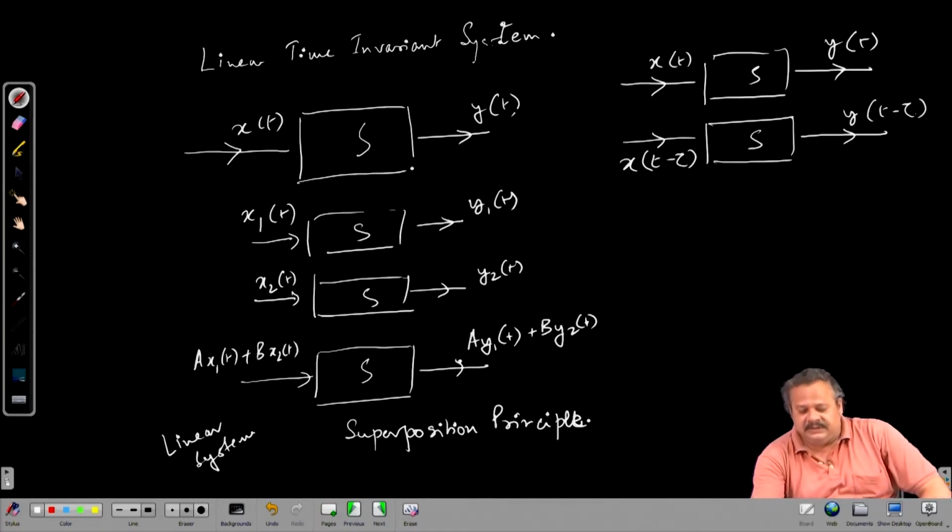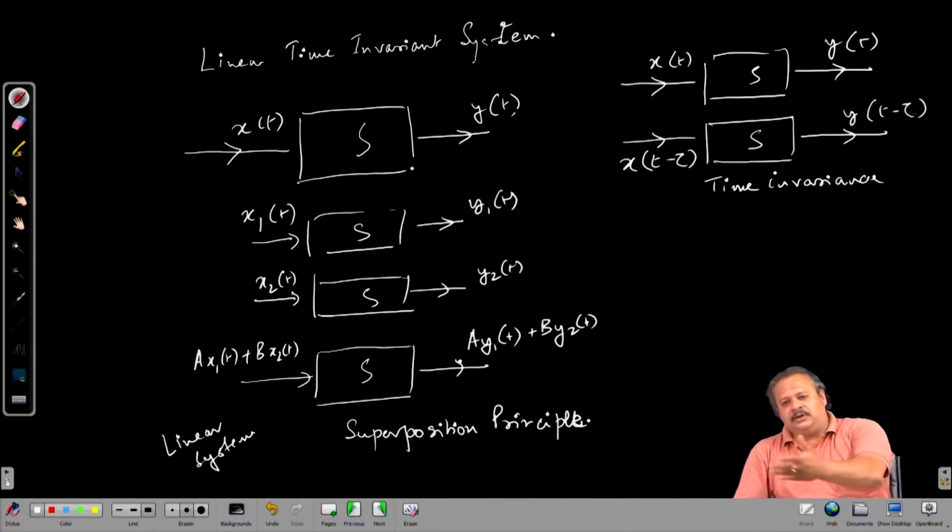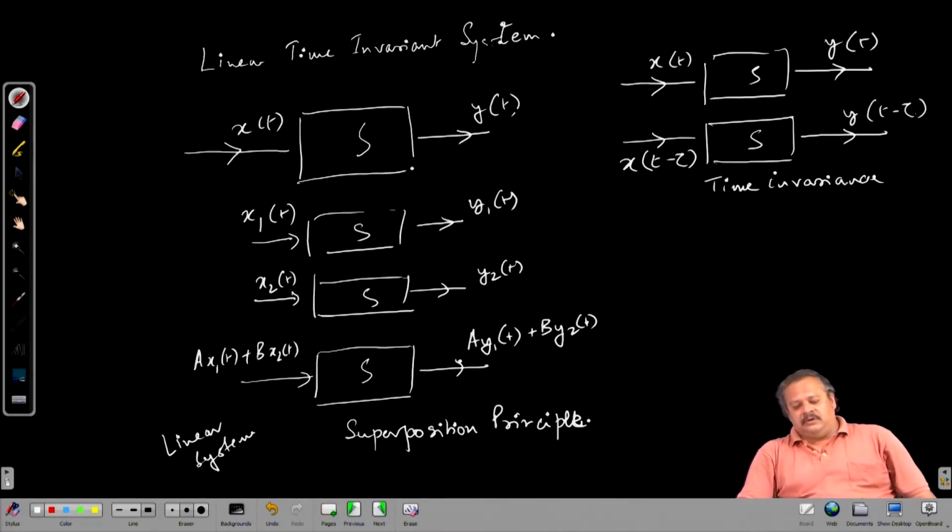So, this is time invariance. That is, if I give an input now and measure the output now, and an hour later I give the same input, I should get the same output. That is, our xt translated by 1 hour produces yt also translated by 1 hour. That is what we mean by time invariance.